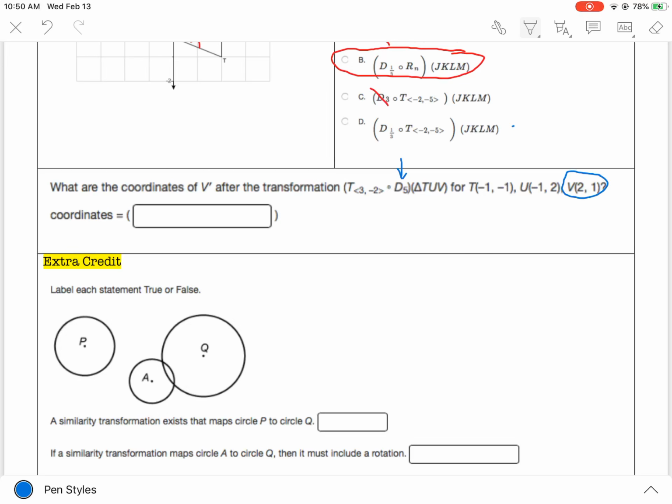If it's up 2 over 1, V prime after the dilation will be up 10 over 5. And then after the translation, V double prime, add 3, so 13, subtract 2, 3. Parentheses are already there. 13, 3. Done.